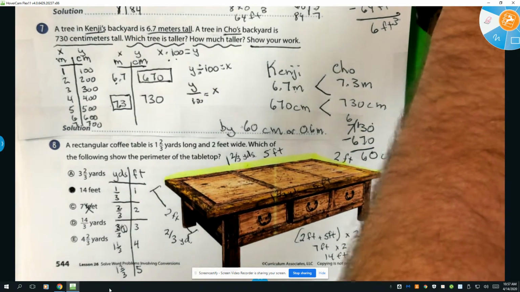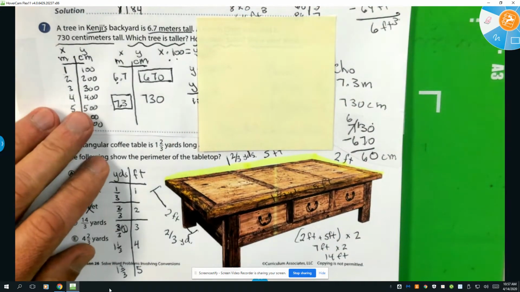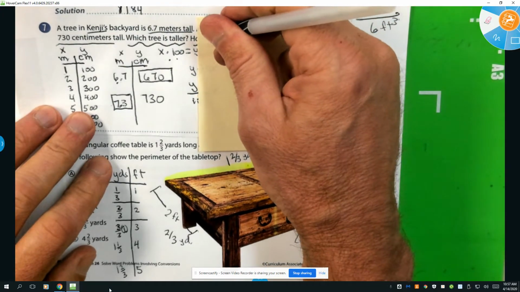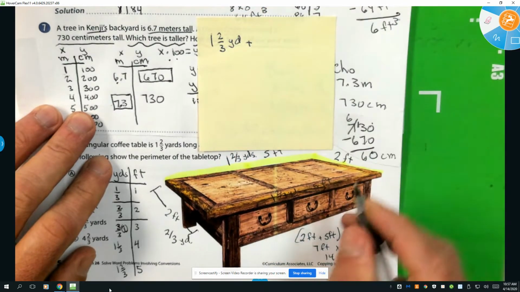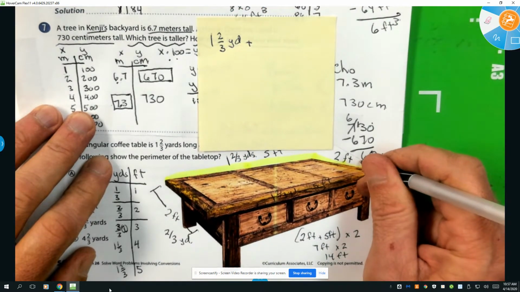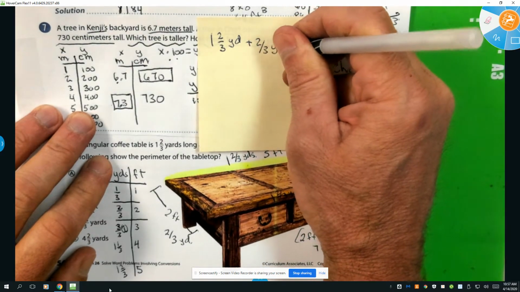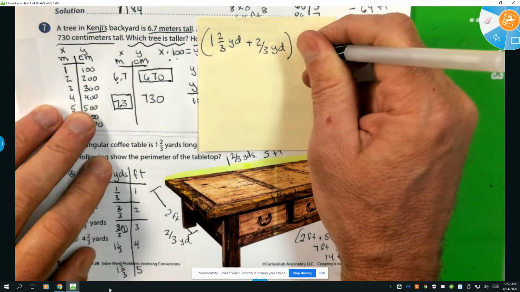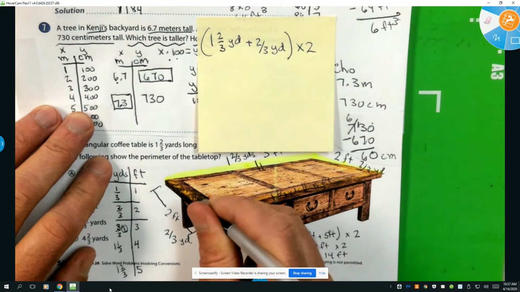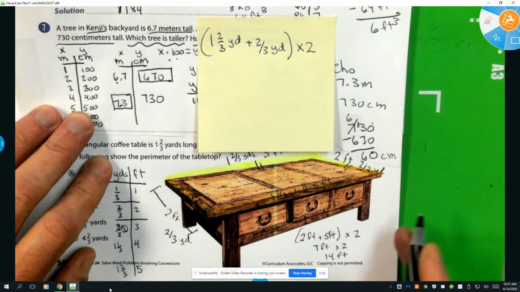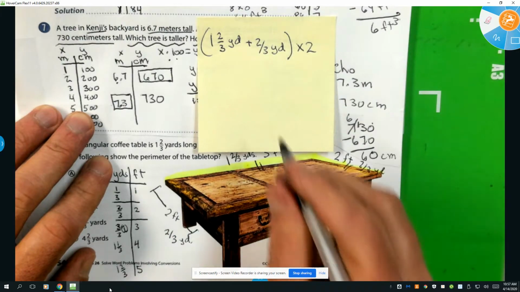I'm going to use a little sticky note right here and write 1 2/3 yards plus 2/3 yard, in parentheses, and then multiply it by 2 because there are two sets. This side is congruent to this side, that's why I can take these two sets of numbers and multiply them by 2 when I'm all done adding it up.